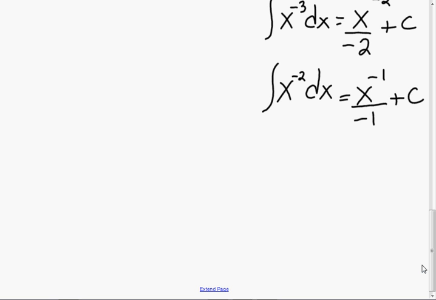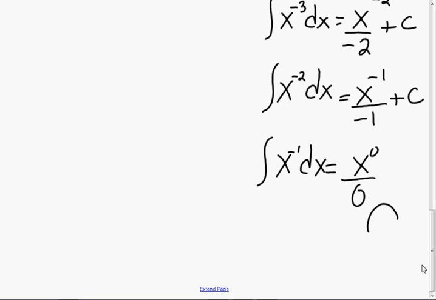Okay, Samuel? What about this one? If you use our rule, what would this be? It would be x to the 0 over 0. Well, it doesn't matter. x to the 0 over 0 doesn't make sense, does it? That doesn't exist. But do we have a function that if we take the derivative of it, we get x to the negative 1?